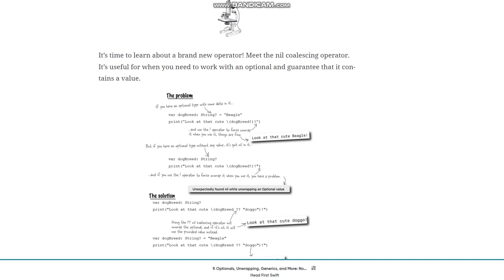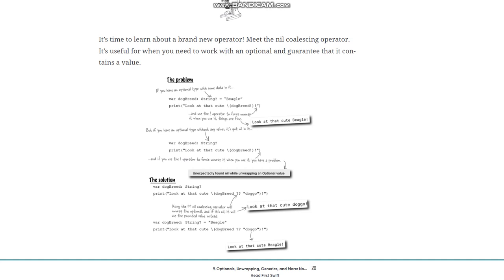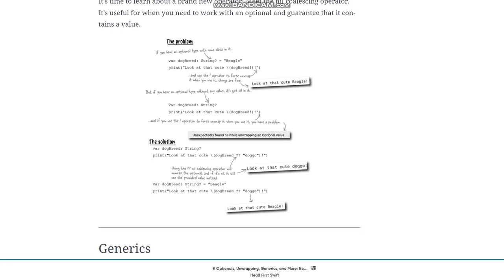And we also have this one. It's called dog breed, and we have optional values here, right? And we declare these as optionals, right?